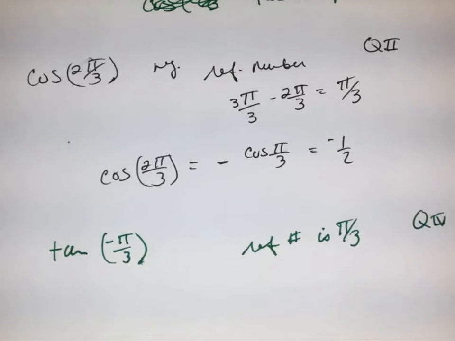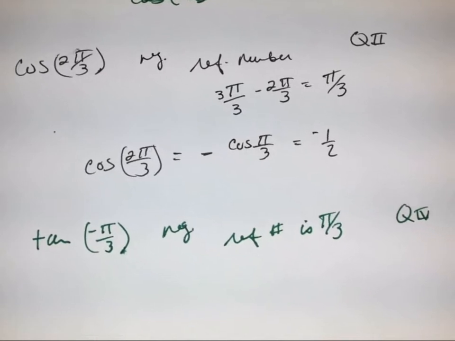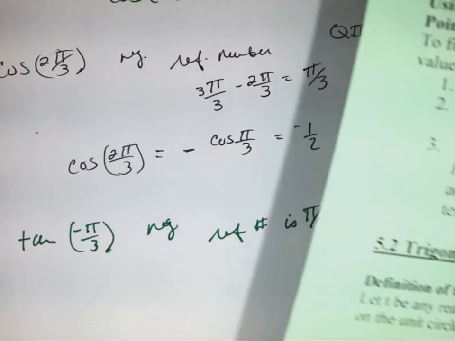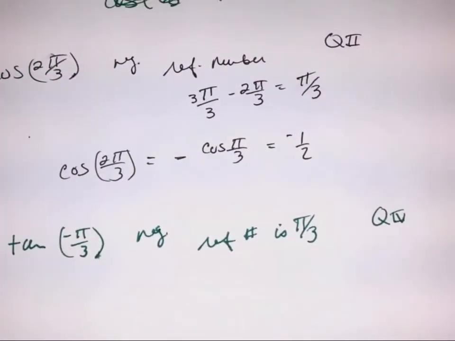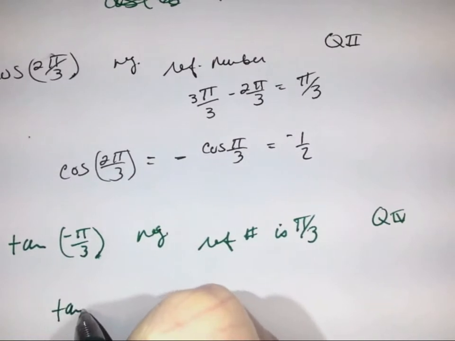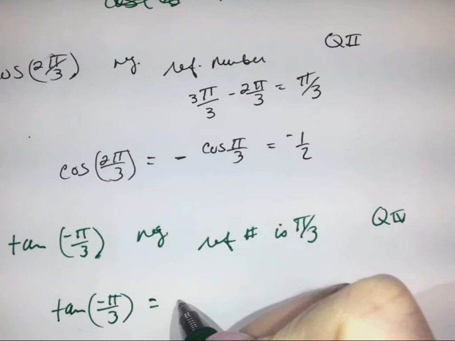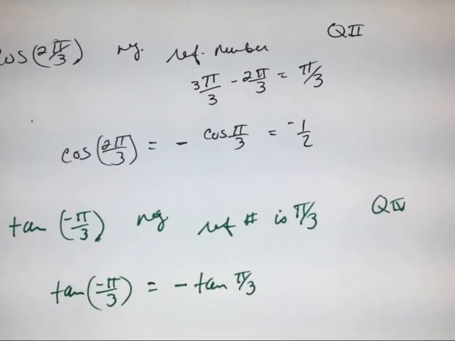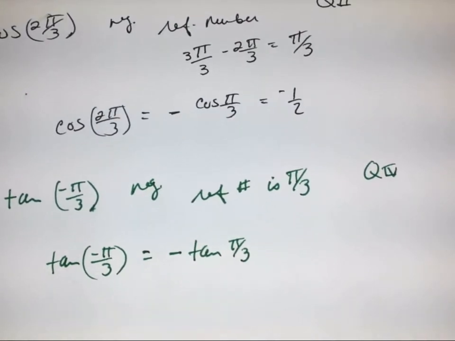And in quadrant 4, our tangent is going to be negative, because x is positive and y is negative. So the tangent of negative pi over 3 will be equal to the negative of the tangent of pi over 3.